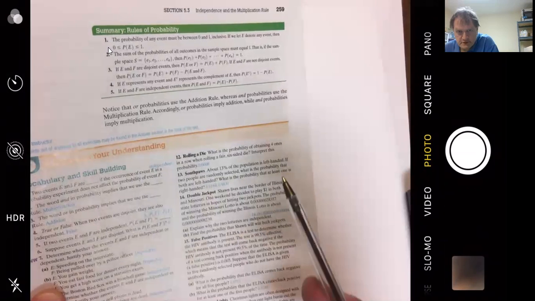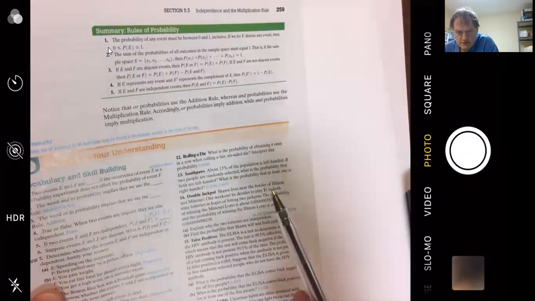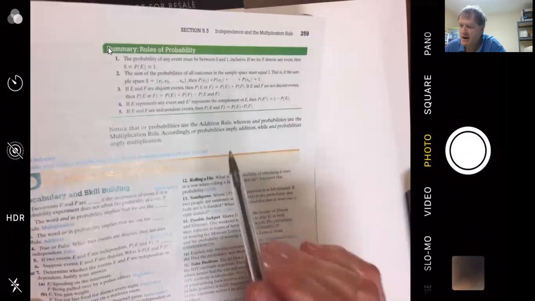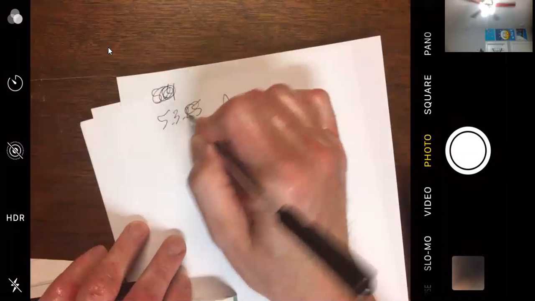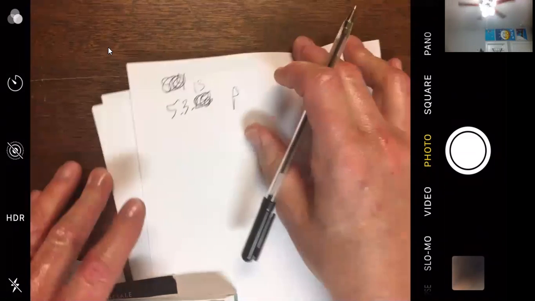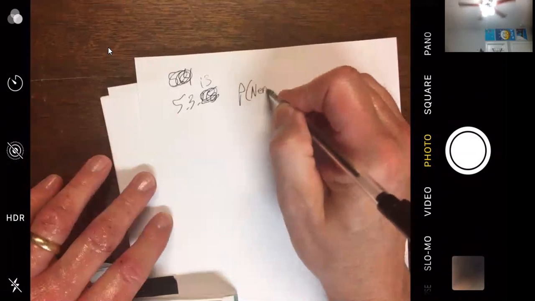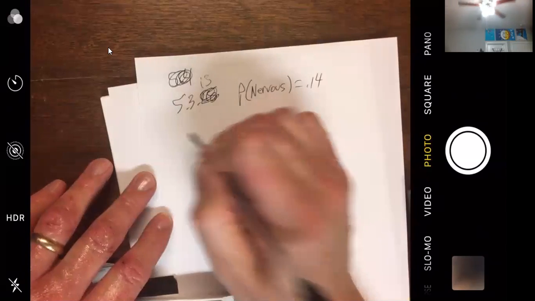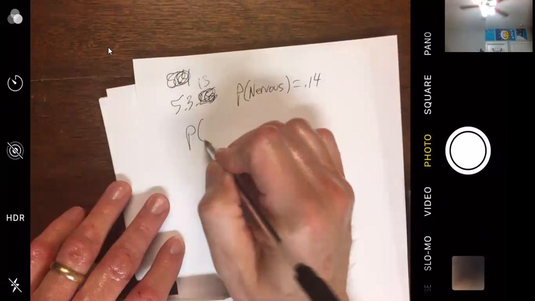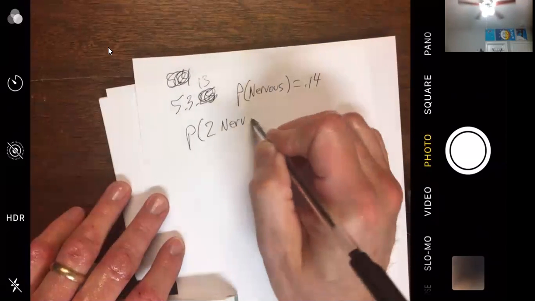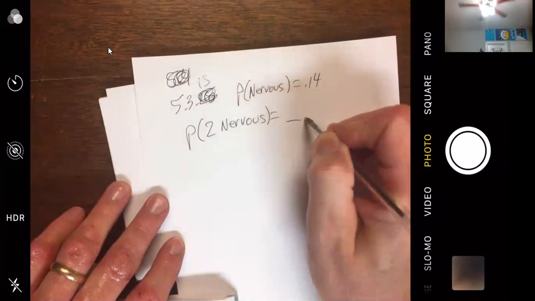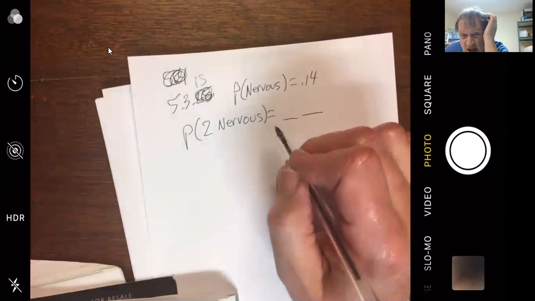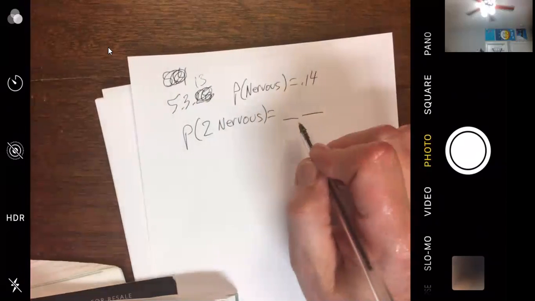Does it say 14% are nervous? Yeah. So I got that portion correct. It probably reads at least one is not nervous, doesn't it?